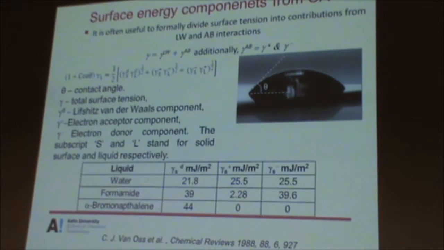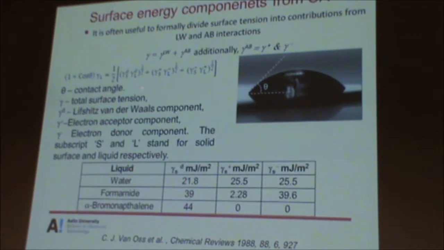So all that we need to do is measure the contact angle on a solid surface. Let's say you want to measure the surface energy of this board. All you need to do is take this board, measure the contact angle of water on it, of formamide on it, and of bromonaphthalene. And you have 3 equations: for each solvent, 1 equation.